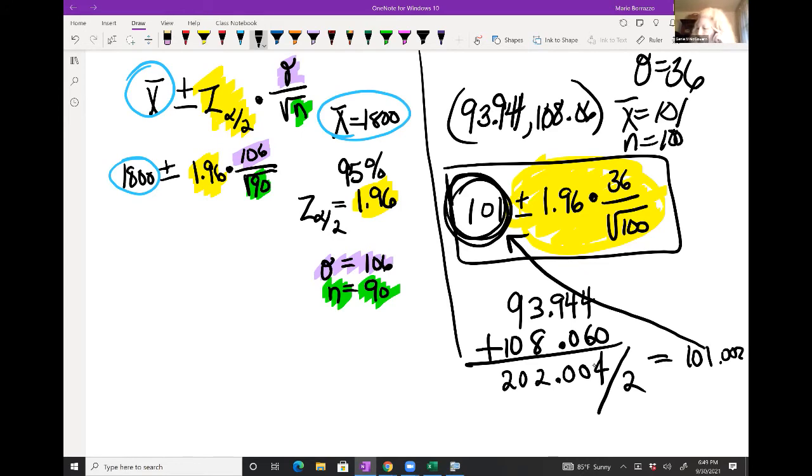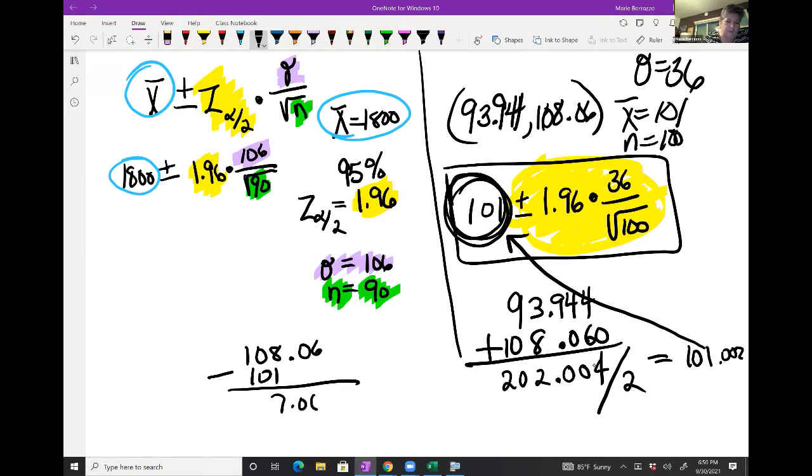Okay, so now you know that if we take the 108.06 and subtract from it the 101, what are you left with? $7.06.